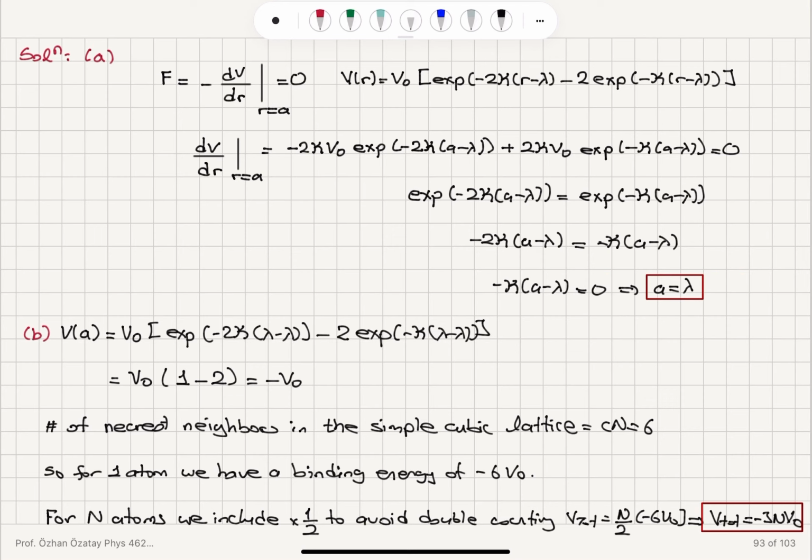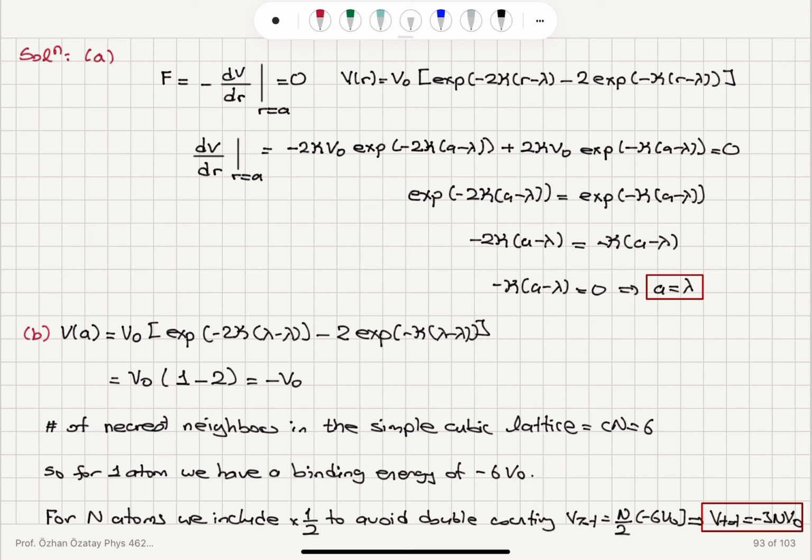So we have the Morse potential for a pair of atoms at the equilibrium distance a, which is minus V0. And so for the number of nearest neighbors in this simple cubic lattice, we have 6.